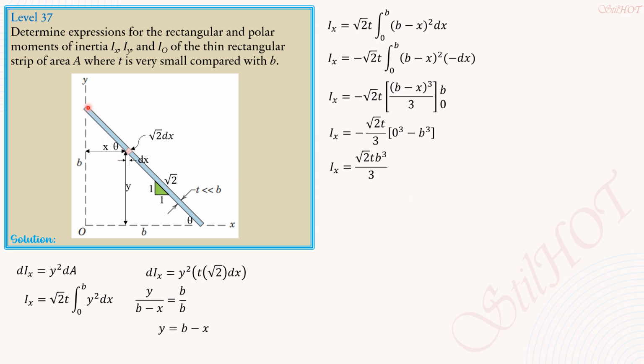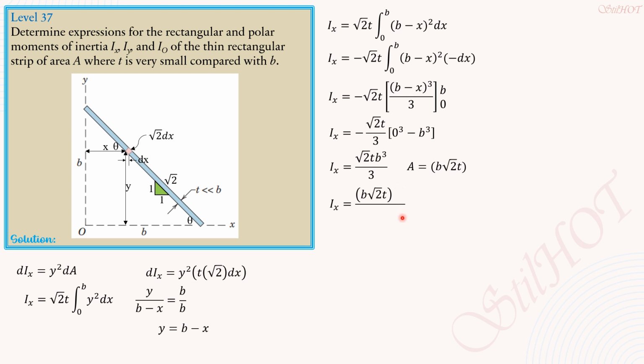Then the area of this strip is equal to the length of the strip, which is square root of b squared plus b squared, so b square root of 2, times thickness. So area is b square root of 2 times thickness. Let's set up that area from here.